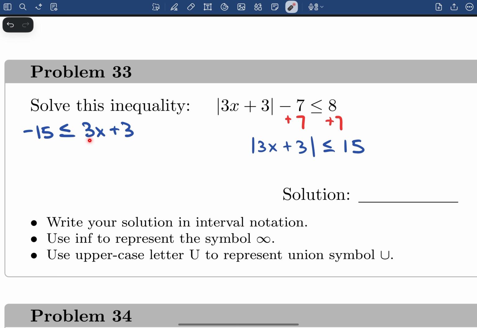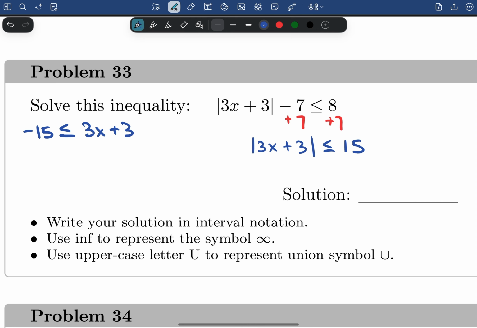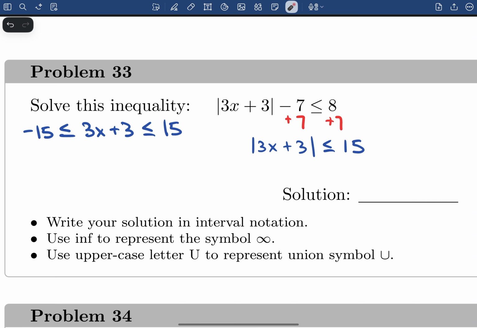No more absolute value. We dropped it. Awesome. And we set that less than or equal to 15. Great. So our goal is to create a double inequality. To do it, we just take this value 15 and make it negative and put it on the other side of it all. So now I have a double inequality. It says negative 15 is less than or equal to 3x plus 3, which is less than or equal to 15. This is how you set it up.